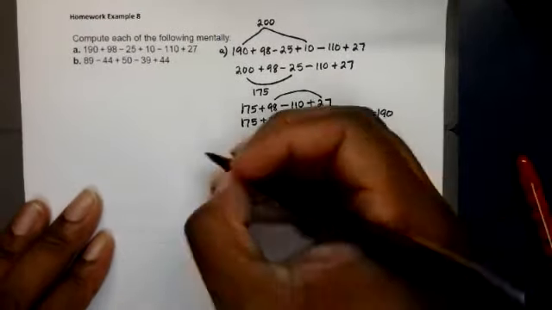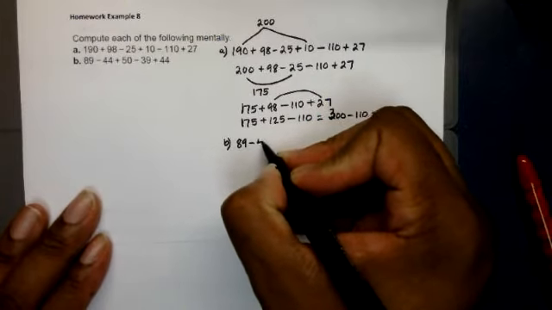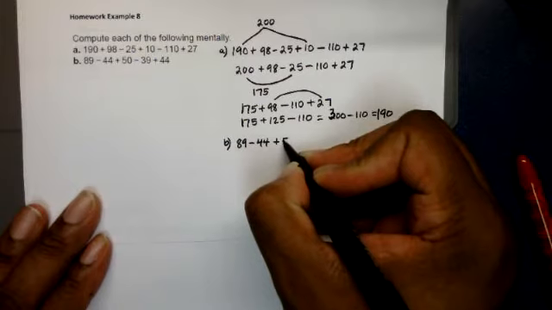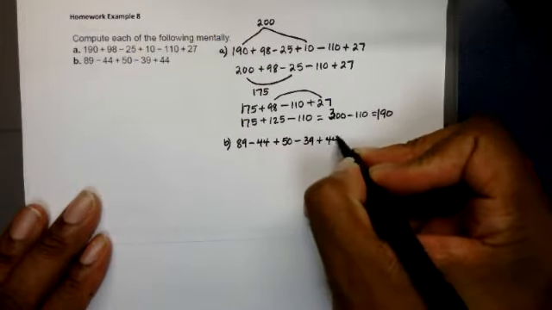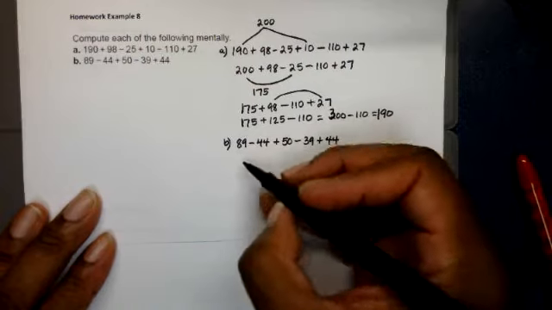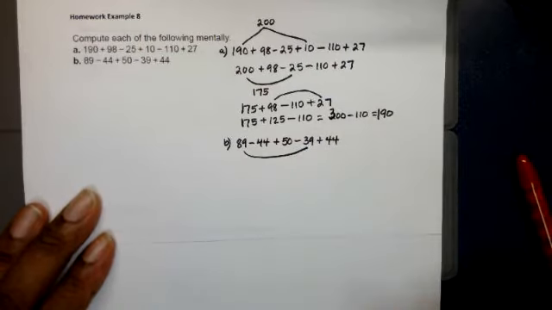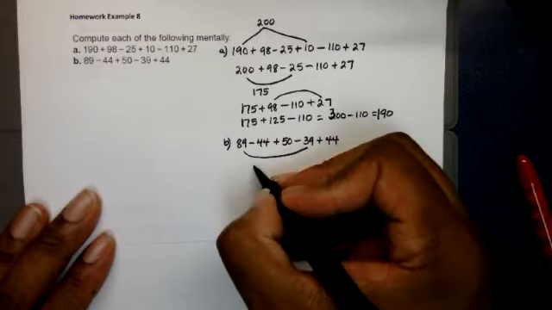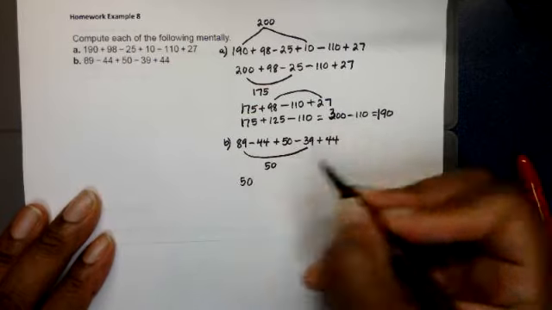All right, now part B. Let's say we've got 89 minus 44 plus 50 minus 39 plus 44. And I want to compute those mentally. I'm going to group this 89 minus 39 because I can easily subtract that: 9 minus 9 would be 0 and then 8 minus 3 will be 5. So that will end up being 50. So I have 50.